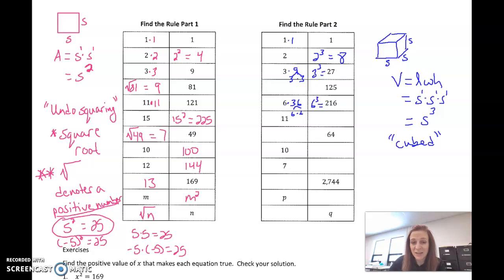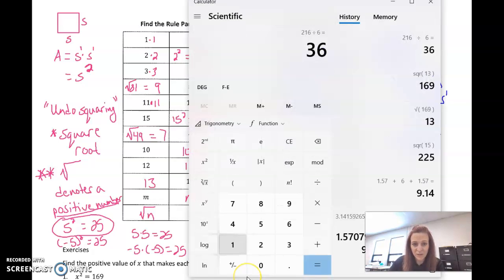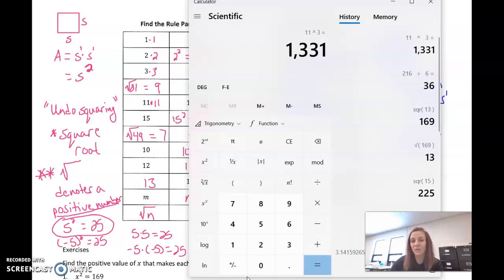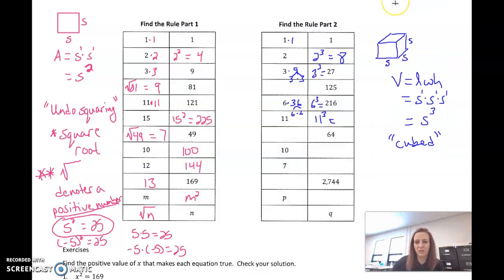Okay? So again, this 11 here, we're going to take 11 to the third. So you go 11. Now, some calculators do have a to the third power. This one doesn't. So I'm going to use this x to the y here and type in a 3. So notice it has 11 raised to the third, 1,331.